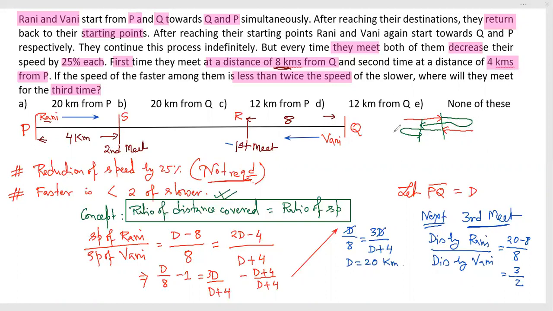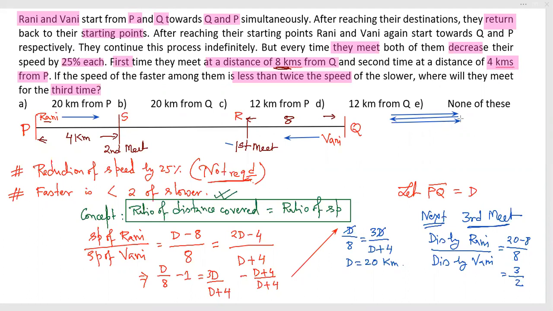So the situation would look like this: Rani is moving that much, returning back this much, and again moving this much.